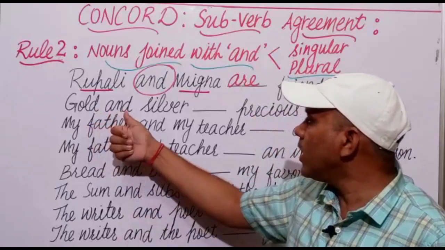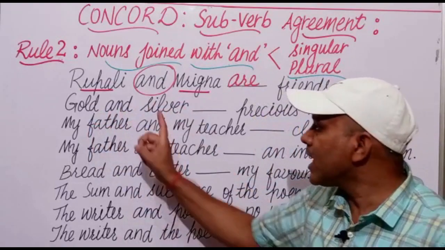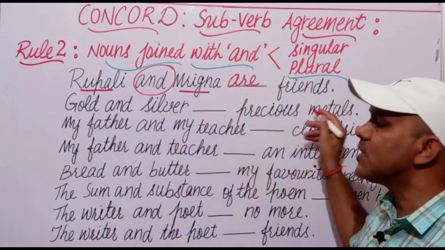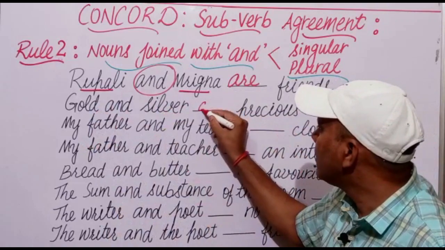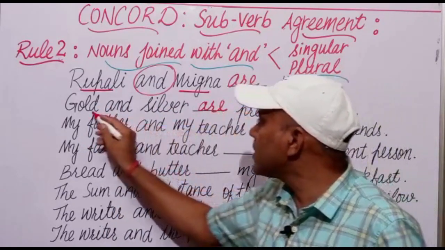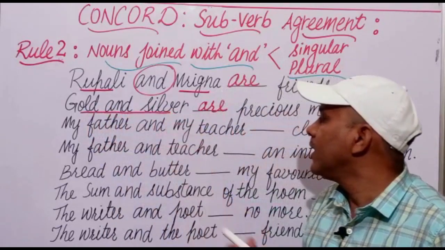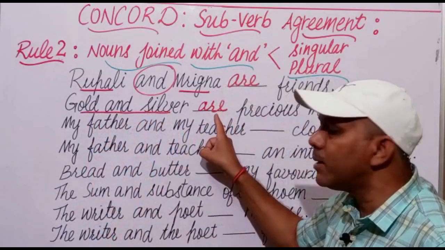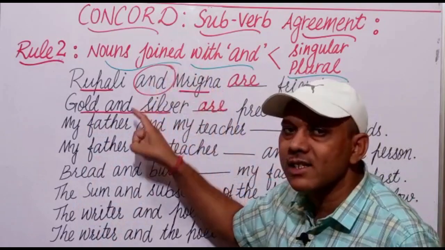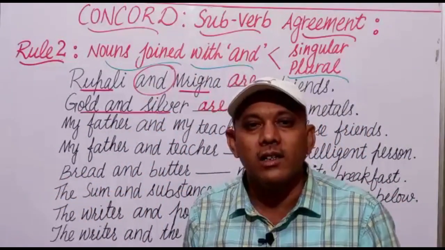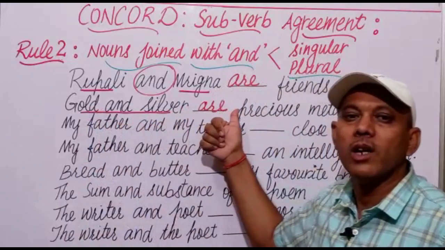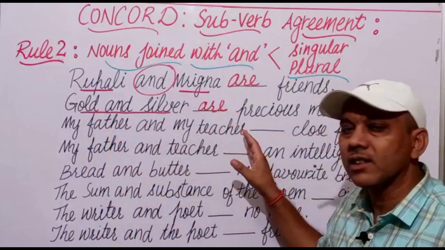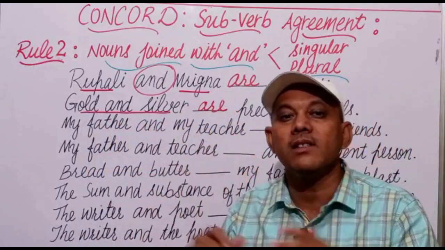Next is gold and silver. These are two different metals. Gold and silver dash precious metals. Gold and silver are precious metals because this noun phrase joined with and is plural, and this verb are agrees with this noun phrase which is plural. Plural subject, plural verb. My father and my teacher, there are two different persons.